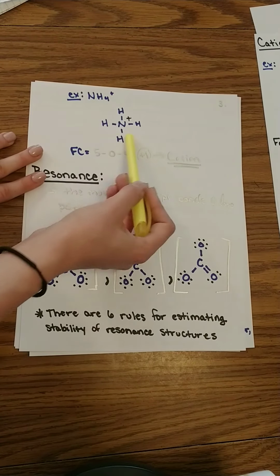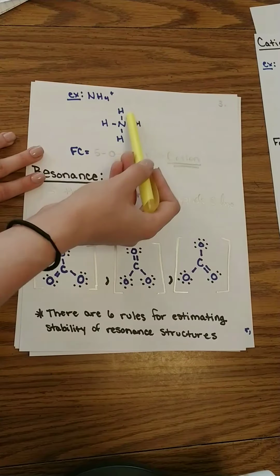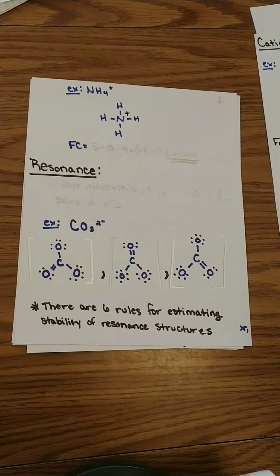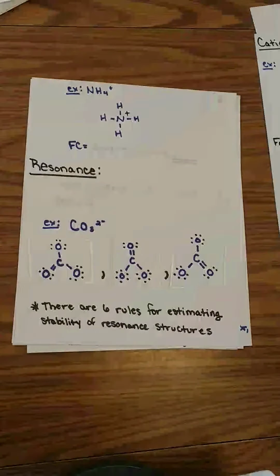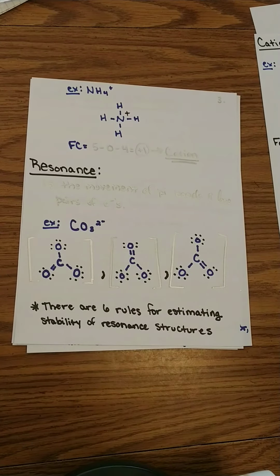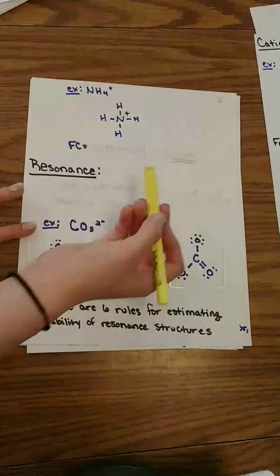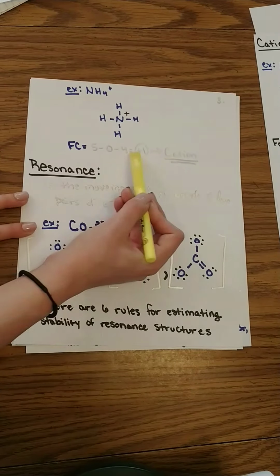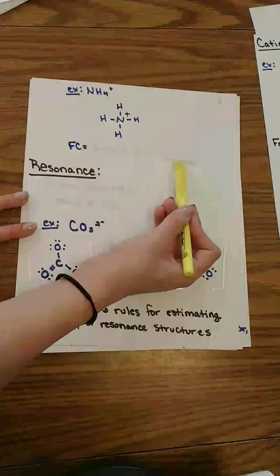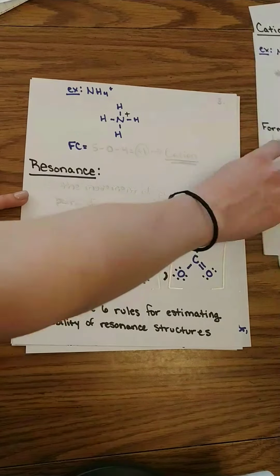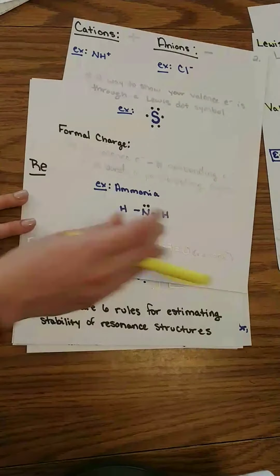We have 4 hydrogens connected, but the plus does not count, because it's just saying that we are missing an electron, and it's not actually connected. So it's going to create a +1 cation for the formal charge, meaning it is less stable than the ammonia we have here.